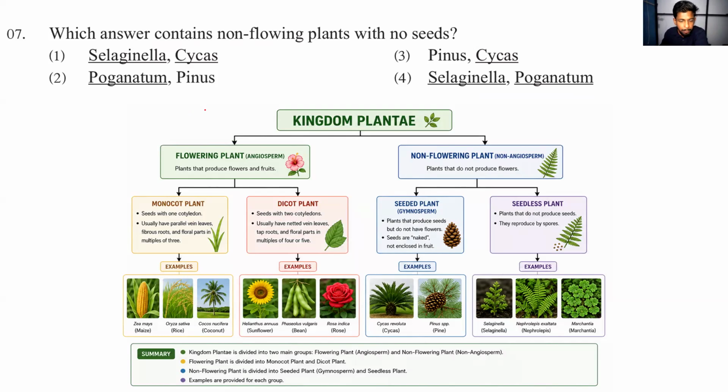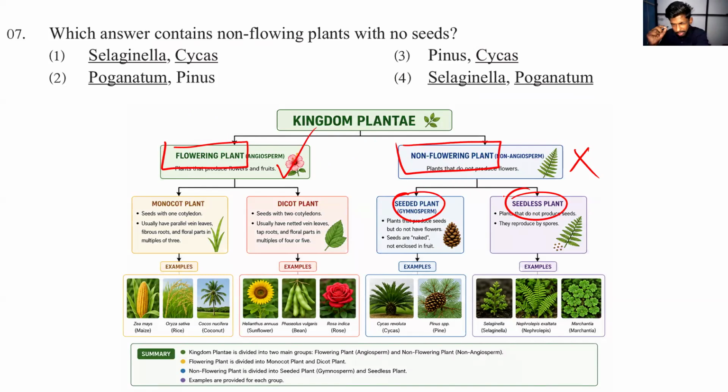You know the plants can be divided into two: flowering plants and non-flowering plants. Flowering plants means they produce a flower. Non-flowering plants means there will be no flowers. Non-flowering plants again can be divided into two: non-flowering seeded, that means they don't have the flowers but they will have the seeds, and non-flowering seedless plant, they will never have the flowers and also they will never have the seeds.